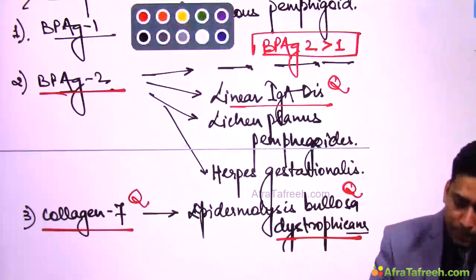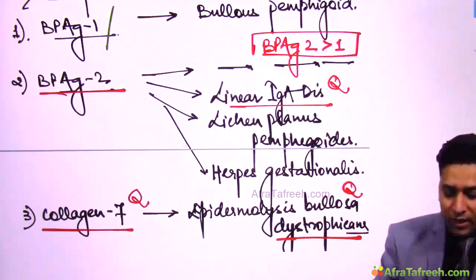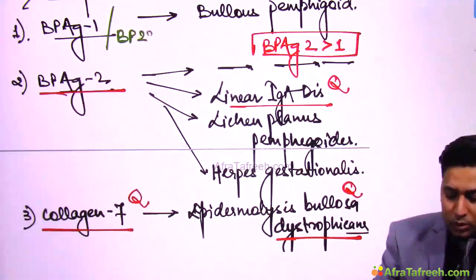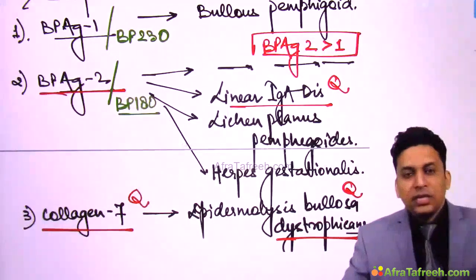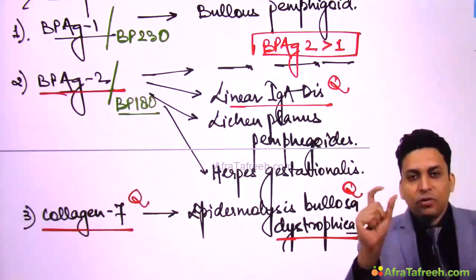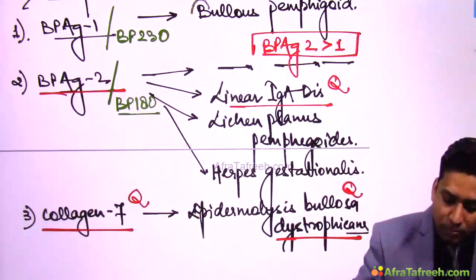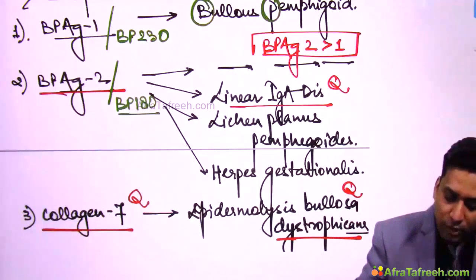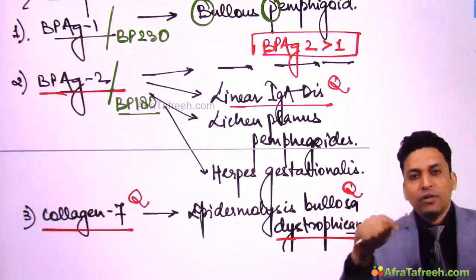Okay. Now one more point to remember here is that BPAG1 in some books you will find is written as BP230, while BPAG2 is also written as BP180. Can you tell me the reason? See, what does this BP stand for in BPAG1 and 2? So remember, this BP stands for bullous pemphigoid. So this is bullous pemphigoid antigen 1 and bullous pemphigoid antigen 2.